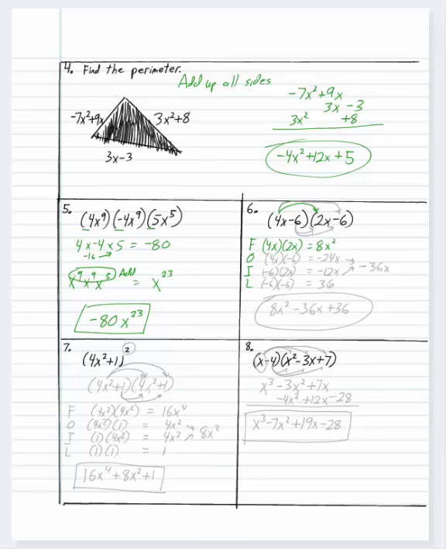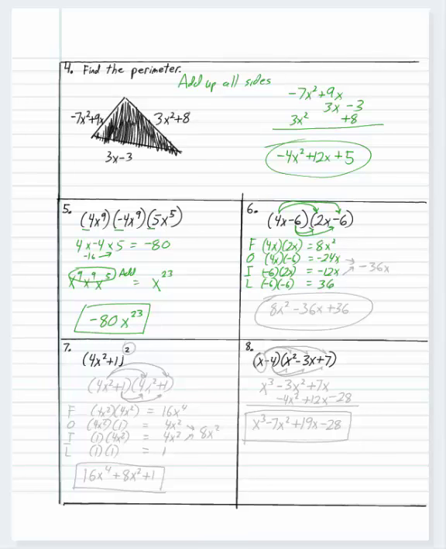Then outside is 4x times negative 6, which is negative 24x. Then inside is negative 6 times 2x, which becomes negative 12x. Then finally, last, negative 6 times negative 6 is positive 36.